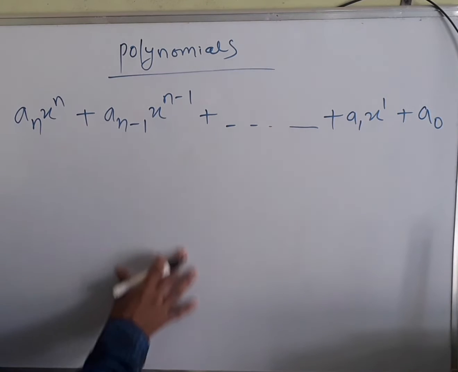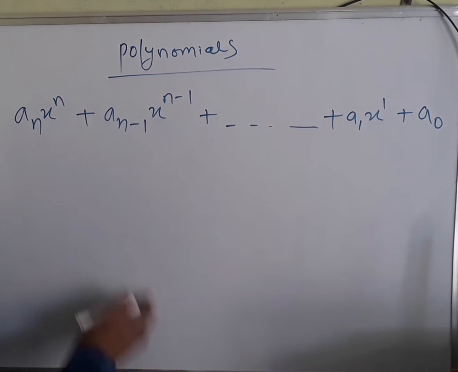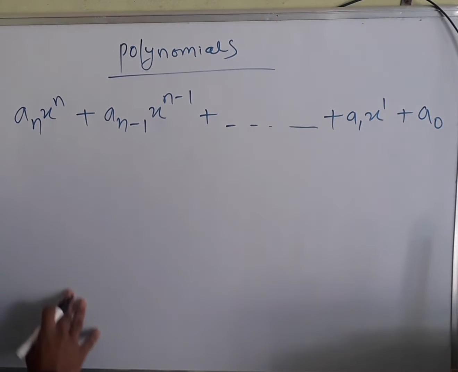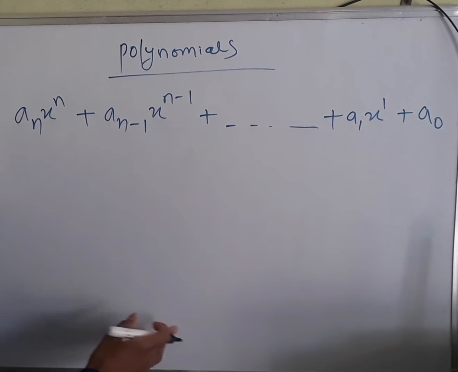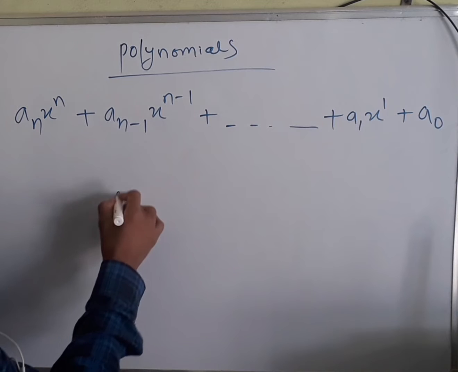This is the general form of a polynomial. What does this indicate? First of all, x is the variable. You are already familiar with variables. If you're not, check out my videos.